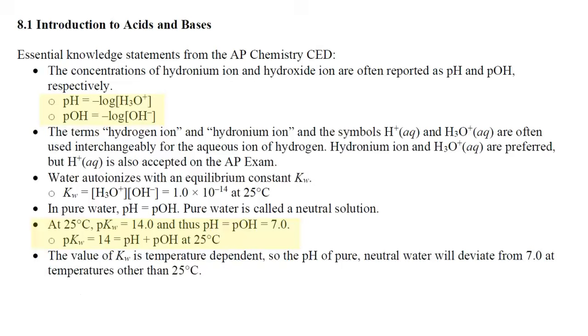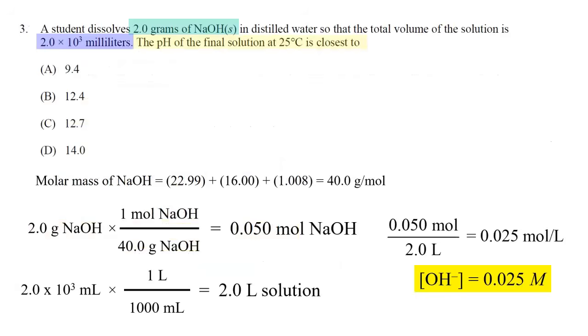Now, this falls under topic 8.1, Introduction to Acids and Bases. The pOH is equal to the negative log of the concentration of the hydroxide ion, and at 25 degrees Celsius, pH plus pOH is equal to 14. So the negative log of 0.025 is 1.60.